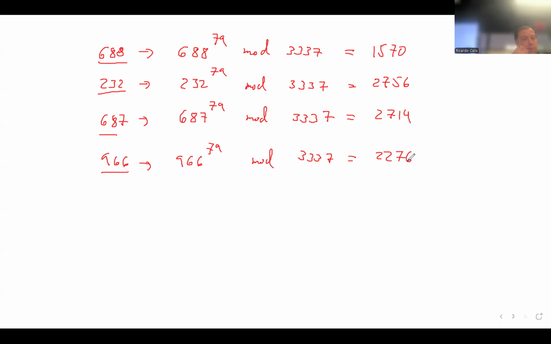And then the final one is the same 688. If you notice, it's the same block as the first one over here. So that's going to be 688 to the 79 mod 3337, and that should give us 1570.